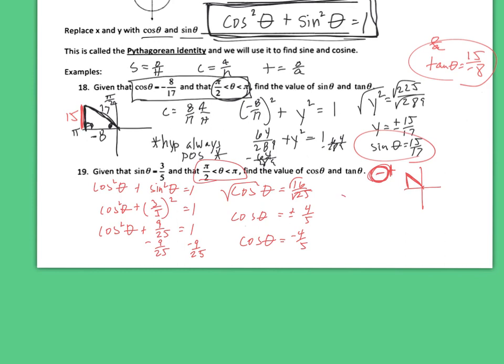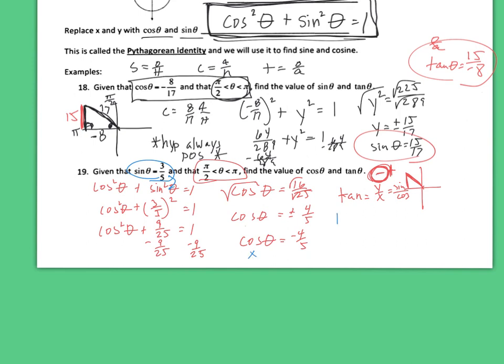Now tangent is y over x. Or, if you want to think of it in words, it's sine over cosine. But we know it's y over x because it's rise over run, up and down over left and right. So if we think about going back to here, we know that sine was our y value, and cosine is our x value.